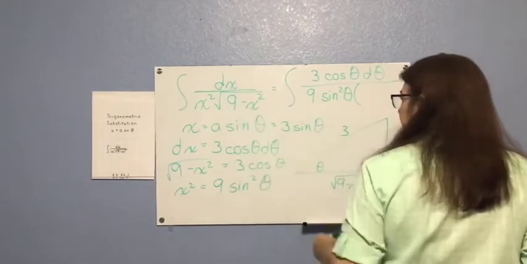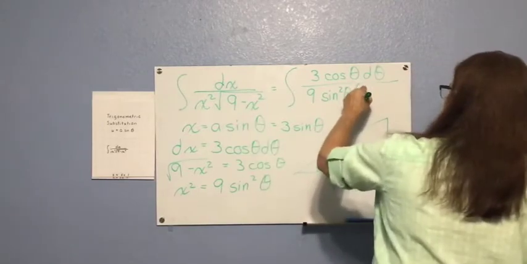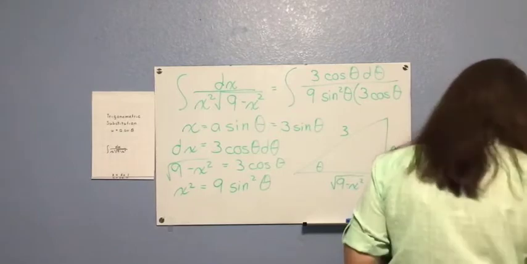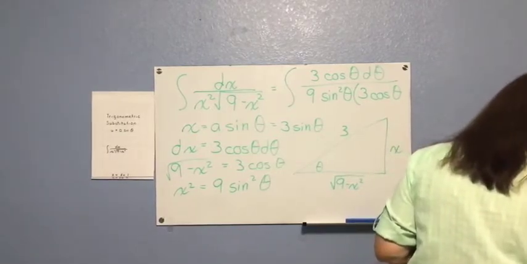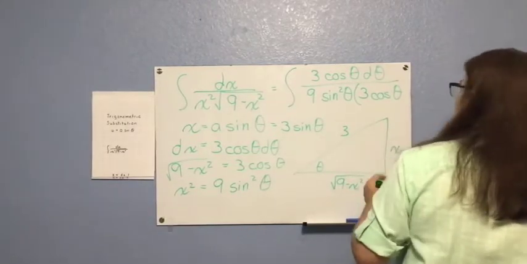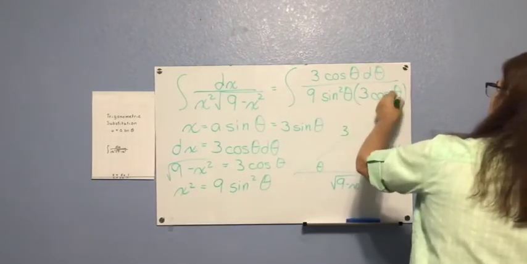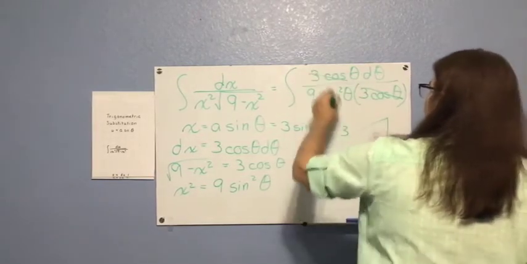And then this radical is going to be 3 cosine theta. Okay, now I can see I've got 3 cosine theta up here and the same here, so I'm going to cancel those out.